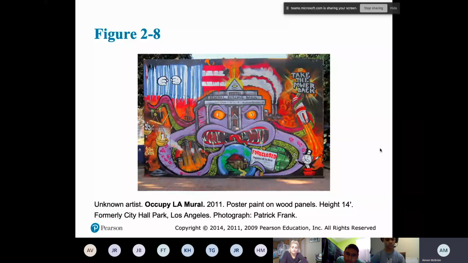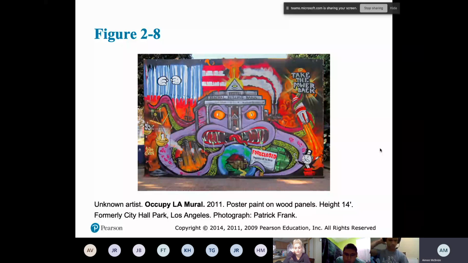Well, you were alive, but you're too little to remember. In 2008, there was a really bad economy crash that resulted in a lot of people having their homes foreclosed. And a lot of other really, really bad stuff happened in 2008. And we were still feeling the after effects of that here until 2011.